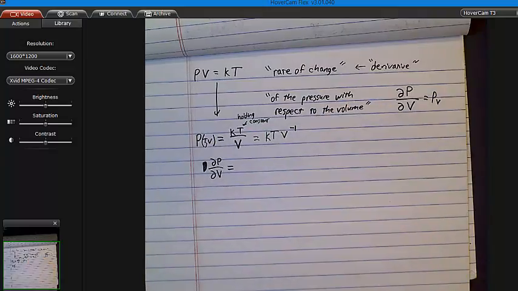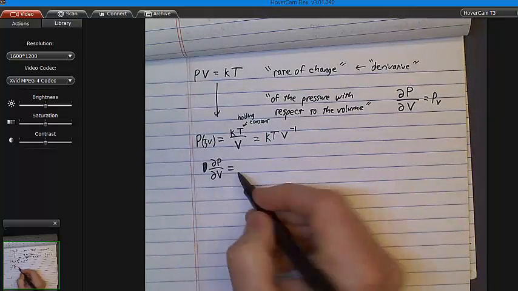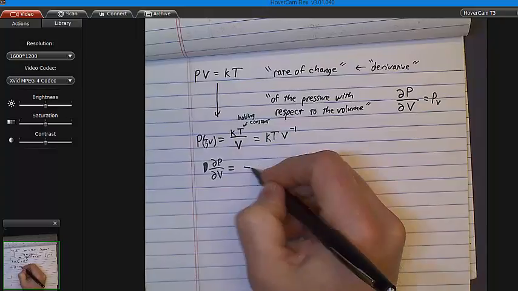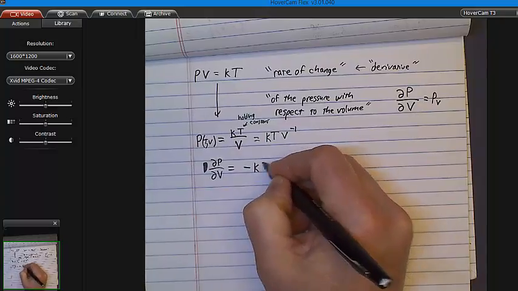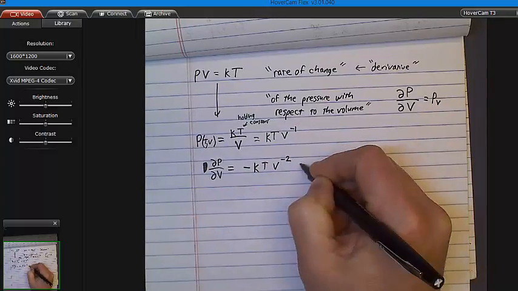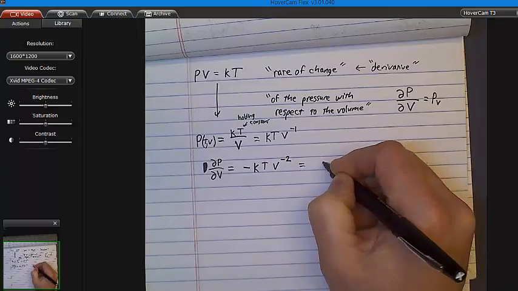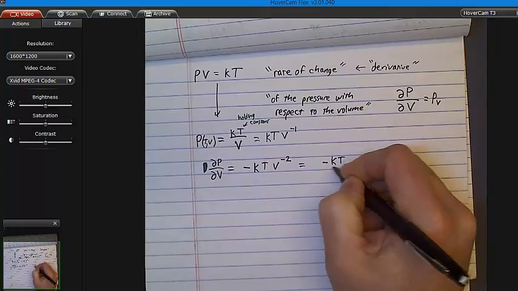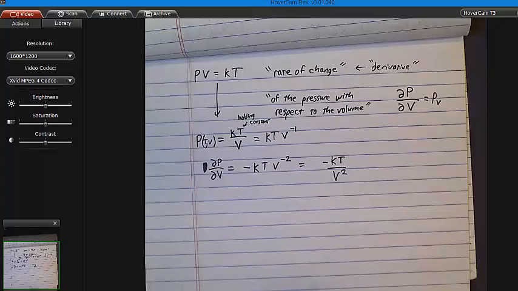That's probably the easiest way, because then I don't need the quotient rule. I can just say the partial derivative is going to be negative KT V to the negative second, which is equal to negative KT over V squared. Make sense? And I think the other ones are kind of like that.